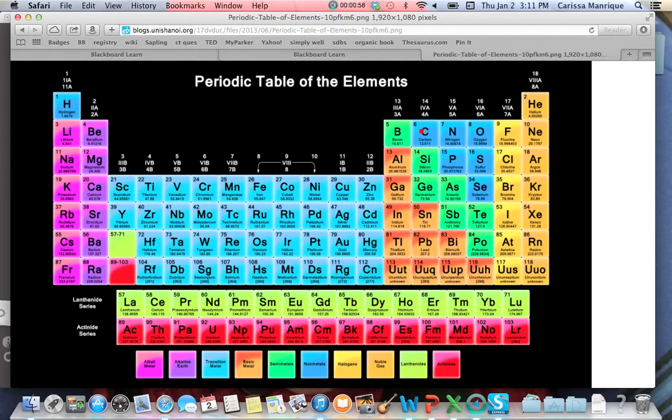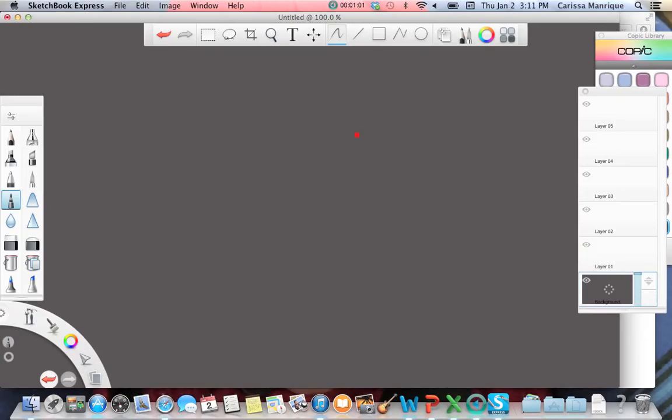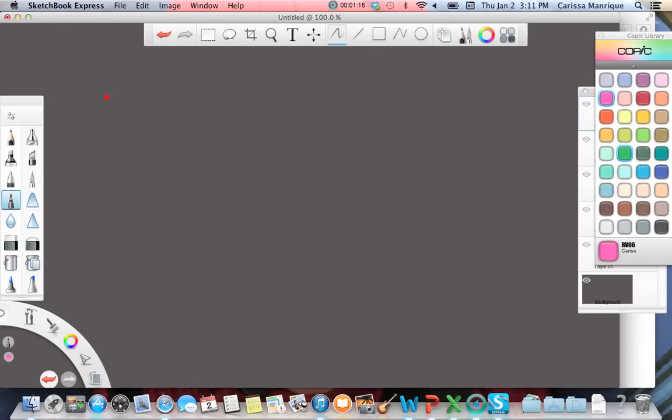So if we add that together, carbon equals 6 protons plus 6 neutrons. I was saying 12, ignore me, I'm just getting ahead of myself on the math.